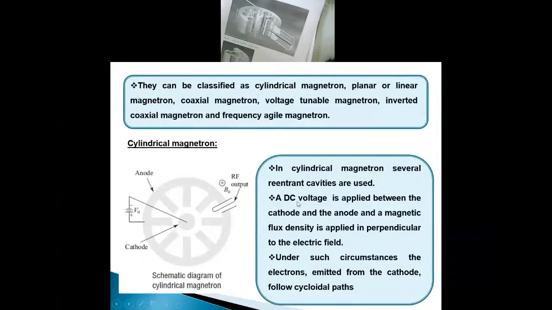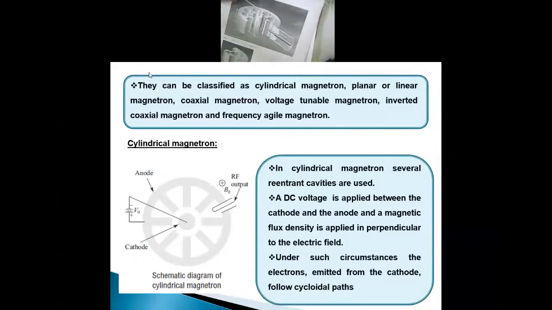Here it is mentioned that a DC voltage is applied between the cathode and anode, and a magnetic flux is applied perpendicular to the electric field. This one is the magnetic field, perpendicular here. Since the cathode is negative and the anode positive, the electric field is opposite to the direction of the electron emitted from the cathode, and the magnetic field is perpendicular to this electric field.